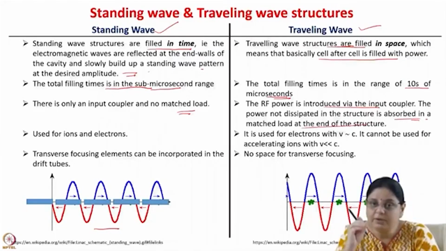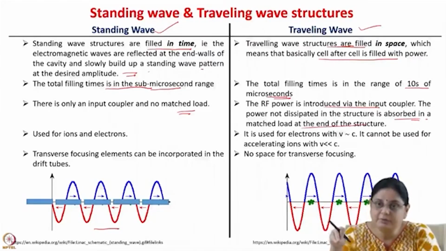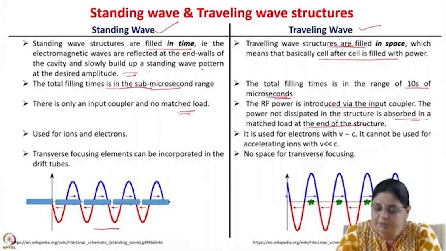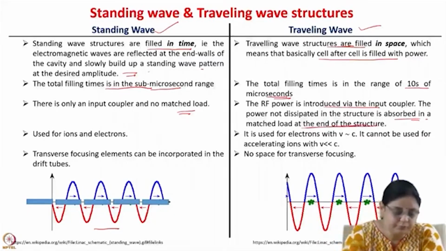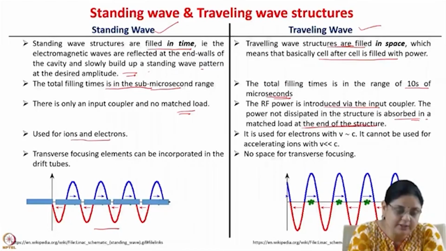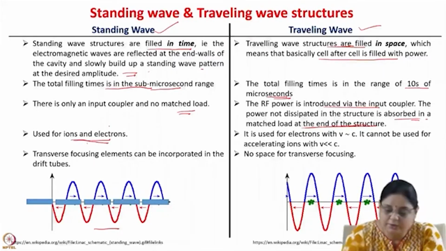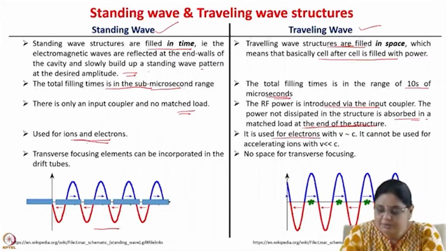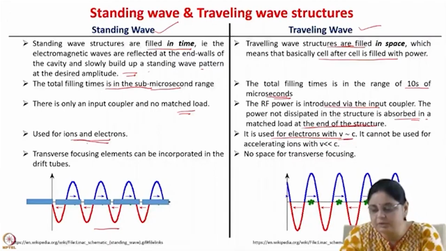So you put in one coupler for putting power into the structure, and then at the end this power which is not utilized is absorbed in a matched load. Generally standing wave is used for low velocity ions, and also for electrons, whereas the traveling wave structure is used for electrons with velocities almost equal to the velocity of light.